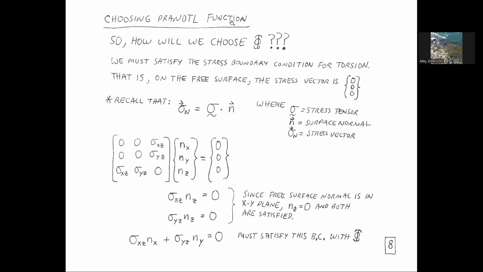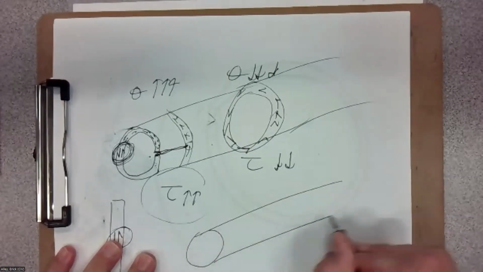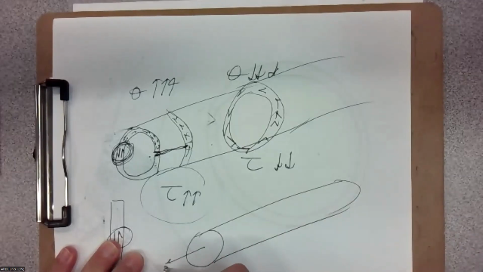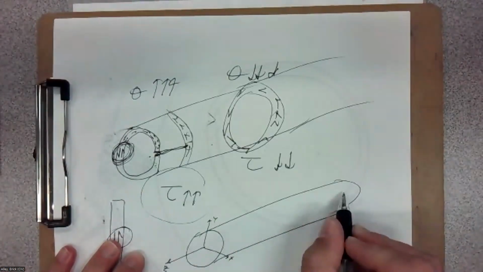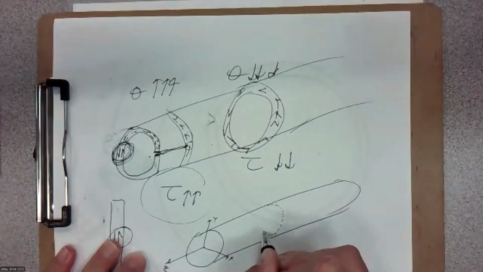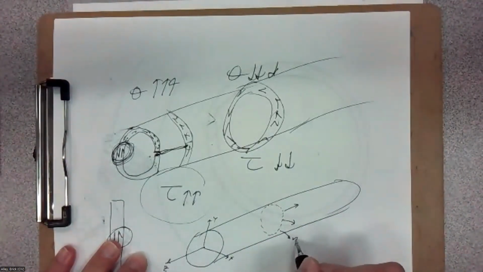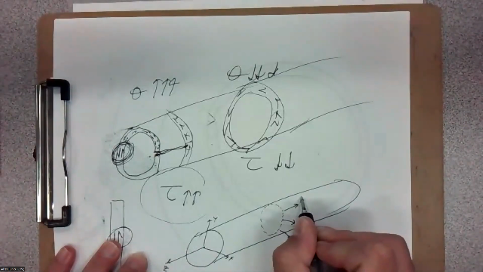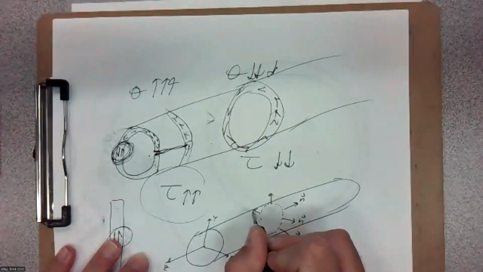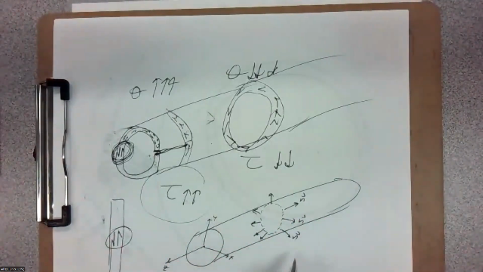And if we think about anything with a constant cross section, and that's what our assumption is, I've got z coming this way, say y here, and I've got x here. If I go anywhere down this surface, here's my circumference line around here. That normal vector, no matter where it is on this surface of the cross section, it should never point down the axis one way or the other.